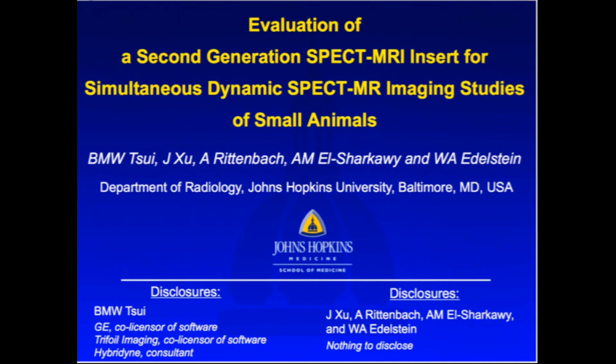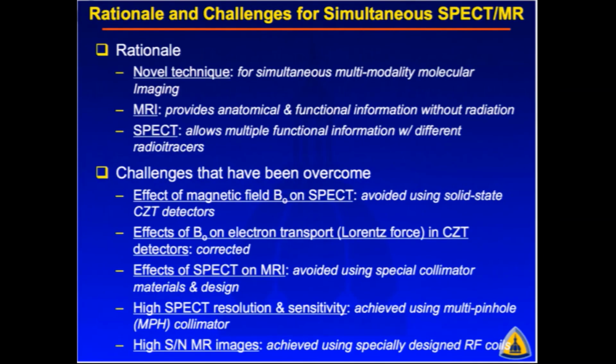Okay, I just want to close on some things that are actually going to be presented at this meeting. There's a simultaneous small animal SPECT MR system that's being developed at Johns Hopkins.